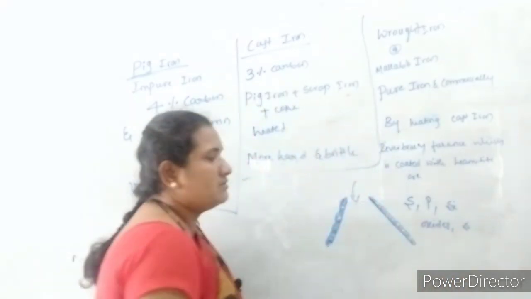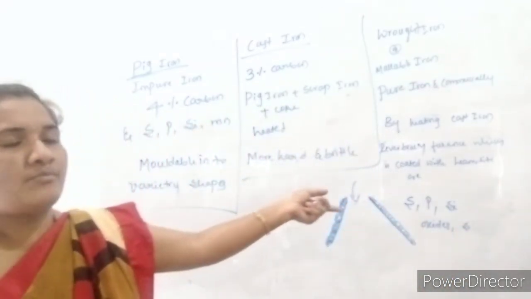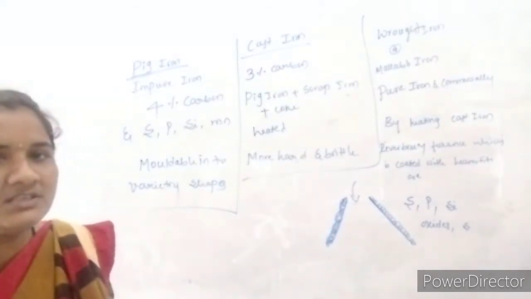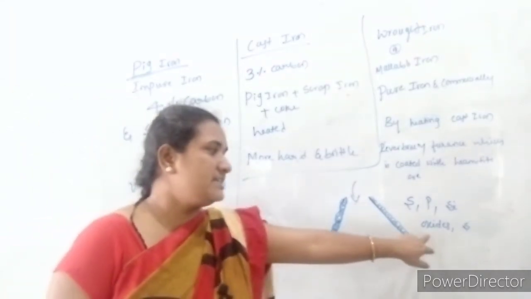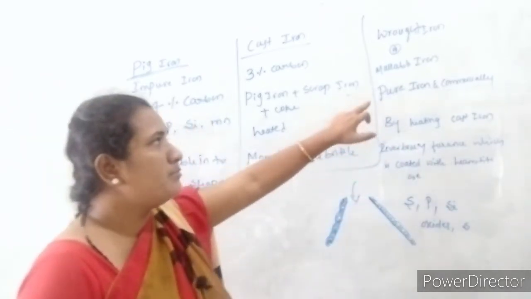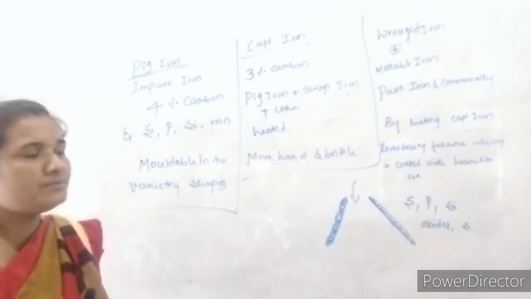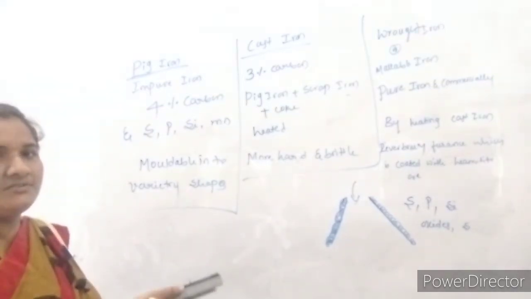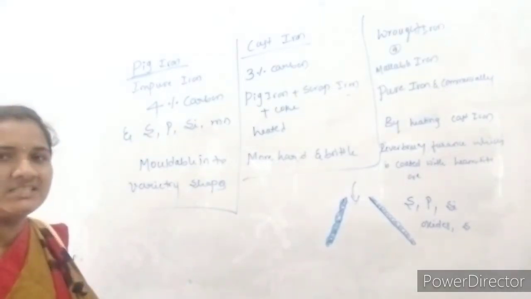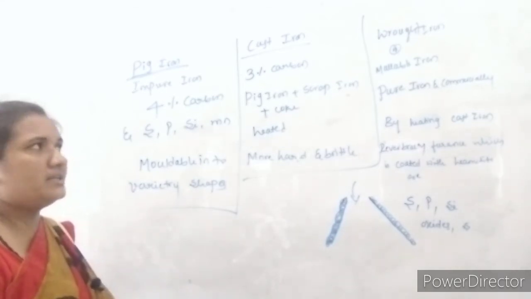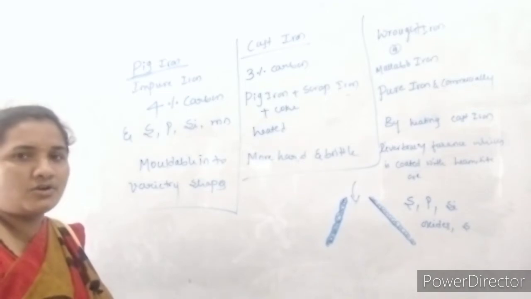Sulfur will be converted into sulfur oxide, phosphorus into phosphorus oxide, silicon into silicate, and so on. In this way they are eliminated as oxides, and carbon is also eliminated from this furnace. As a result, now we are going to get the pure form of iron, which is considered wrought iron.